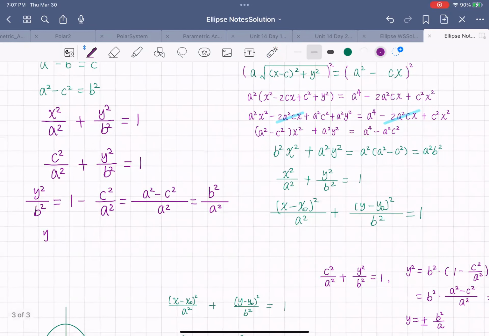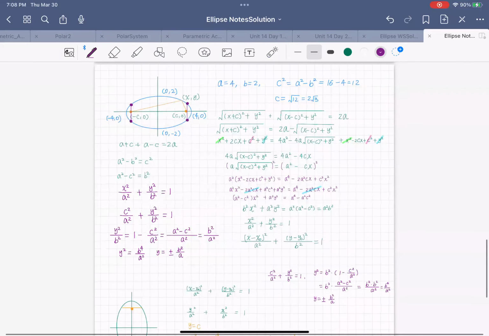So y squared equals b squared times b squared, which is b to the power of 4 over a squared. So y will be plus or minus the square root of this. Vanessa, how much is this? Over a. Yes, good job.